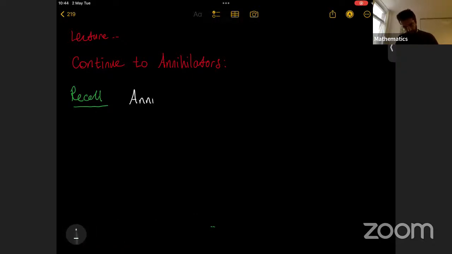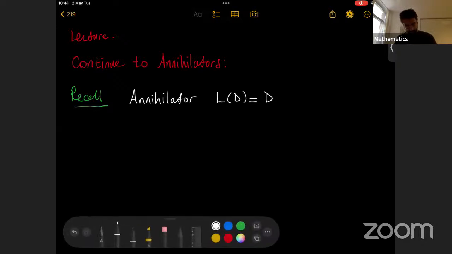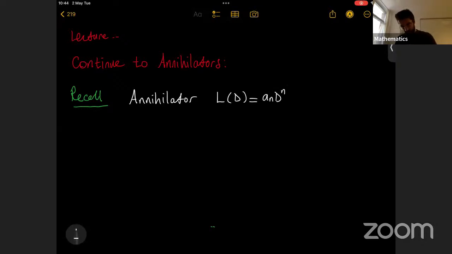Annihilator L(D), which is like a polynomial, but it's a differential operator: a_n D^n + a_{n-1} D^{n-1} + ... + a_1 D + a_0. Here D is the differential operator.